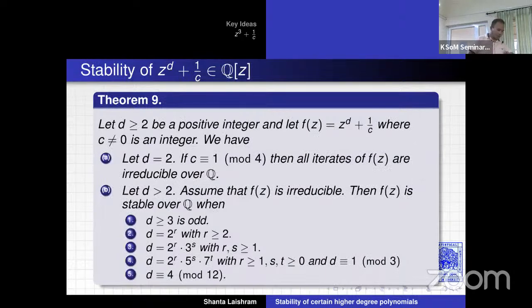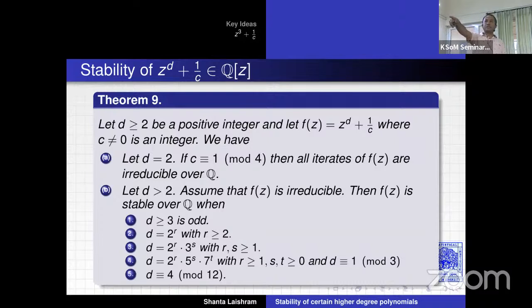In the last few minutes, I'm going to say something about the proof of this main theorem, which I have shown you before. When d is bigger than 2 and G power d plus 1 over c is irreducible, then it is stable if d is of a certain form.